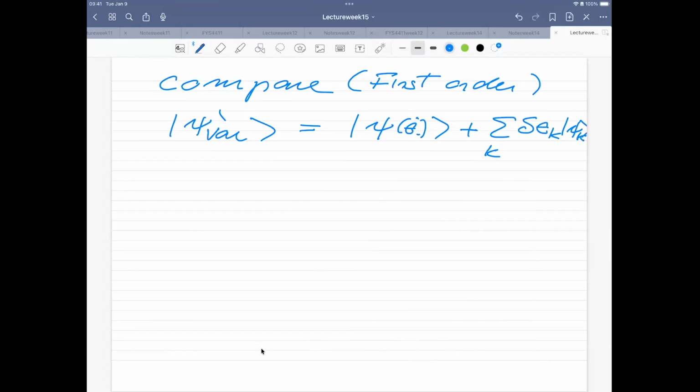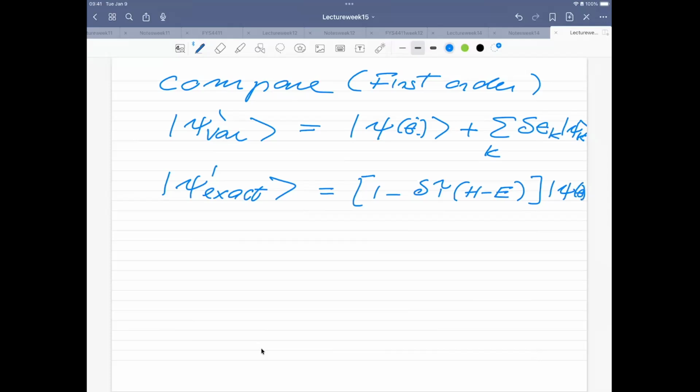And then we compare that one with this exact imaginary time evolution, but where we have made a truncation to first order in delta tau. So this is going to be given by 1 minus delta tau times H minus E. And now I'm skipping this because I'm looking at this in terms of the psi of theta.